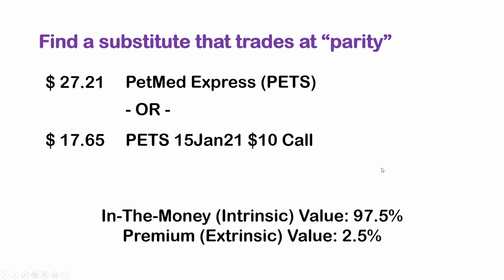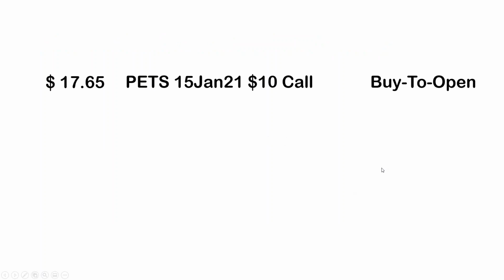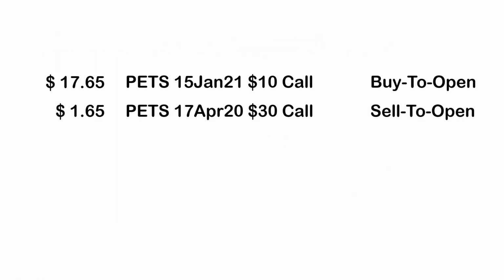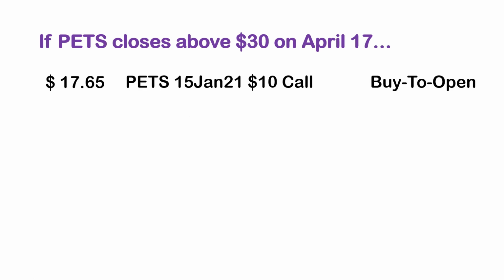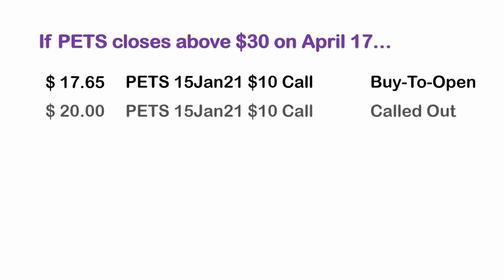So let's run through the math on this. I buy this instead of PetMeds itself. I sell back the near-term at-the-money premium. I get my instant dividend of $165 per option contract sold. What happens if it closes above $30? Well, I get to have $17.65. When it gets exercised or called out, I get to keep $20.